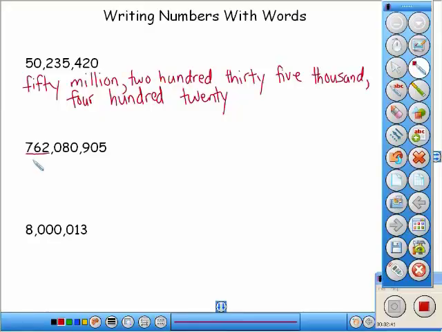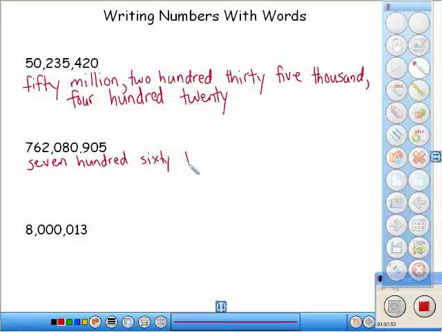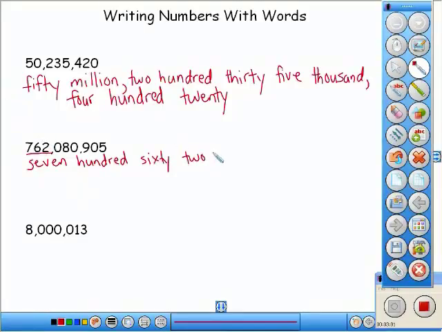So we'll write 762, and then we're going to say, what place is that in? This is in the millions place. So we're going to have 762 million.